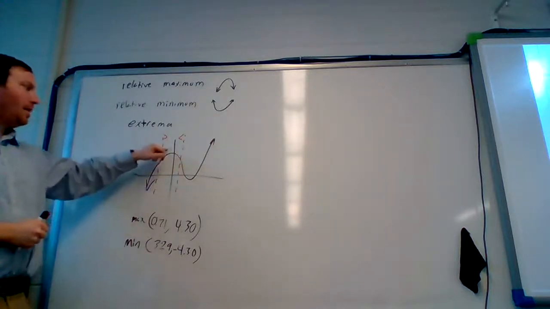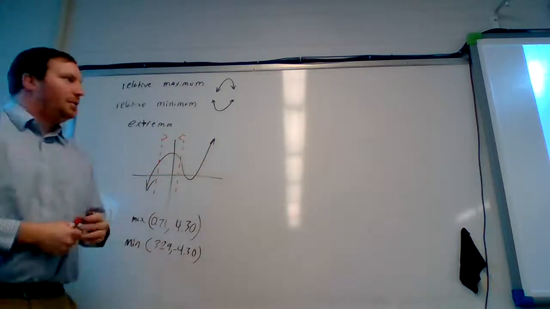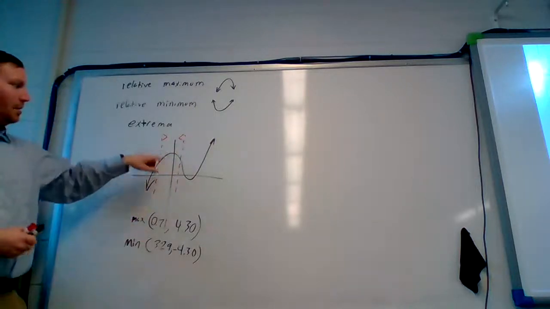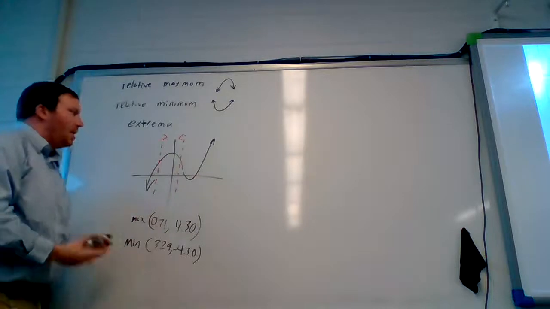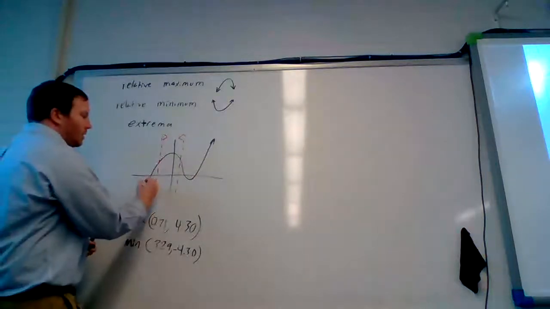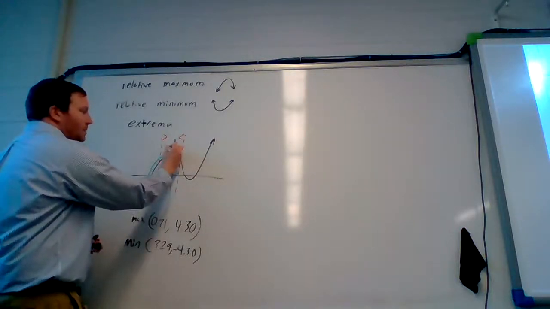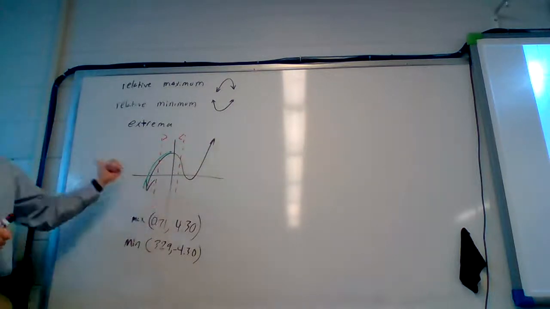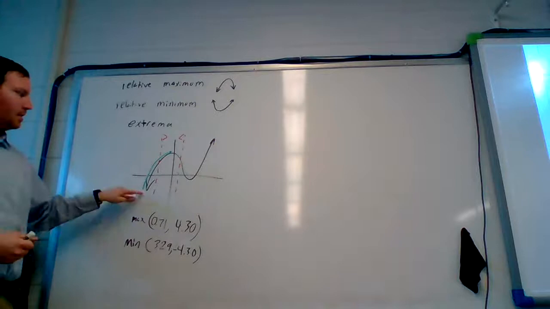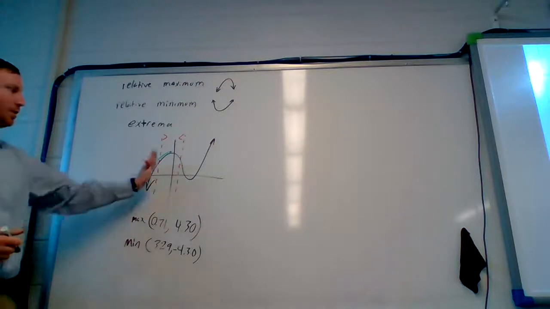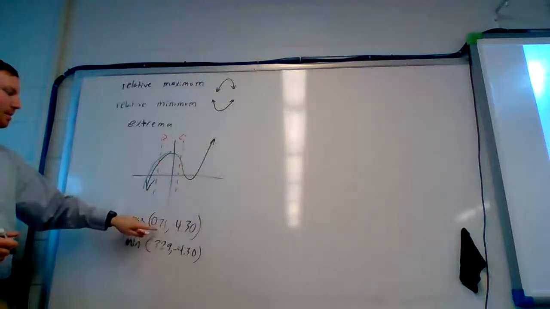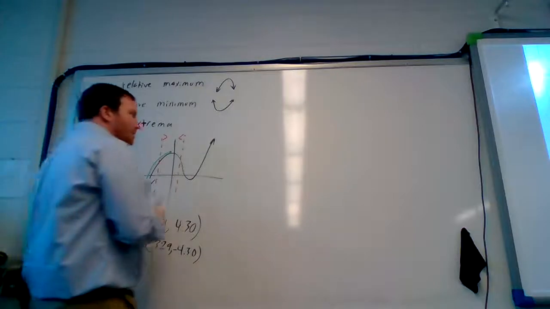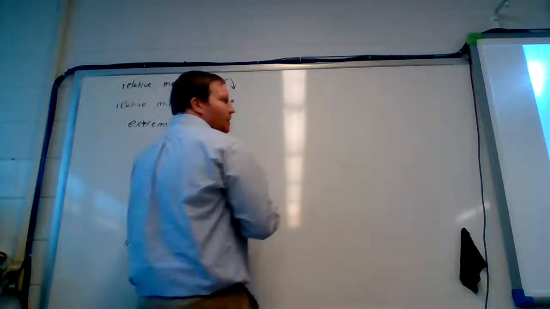We're going up. So we're increasing up to that highest point, in this case, from the left side, negative infinity, all the way up to the highest point of our maximum. So we're increasing.